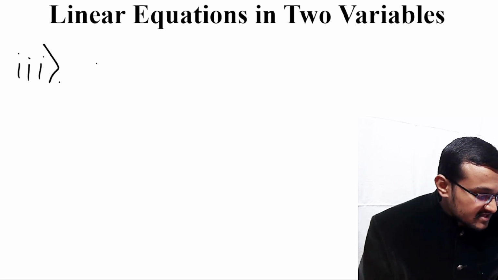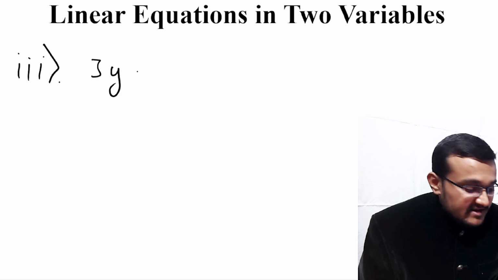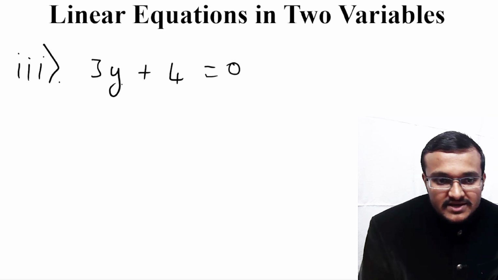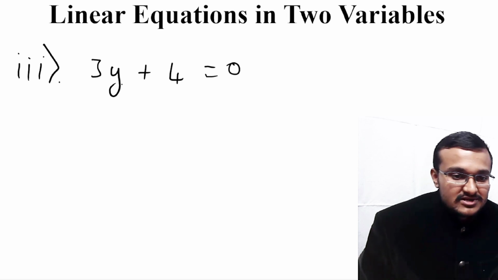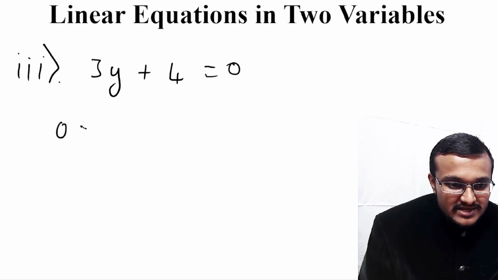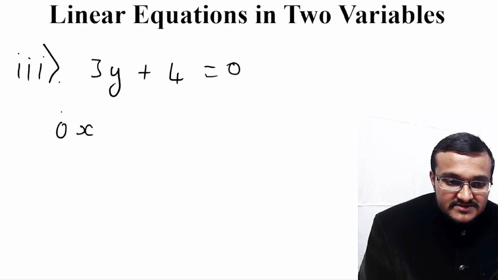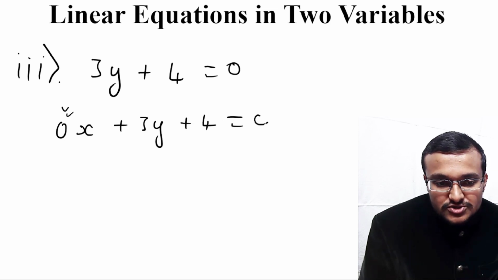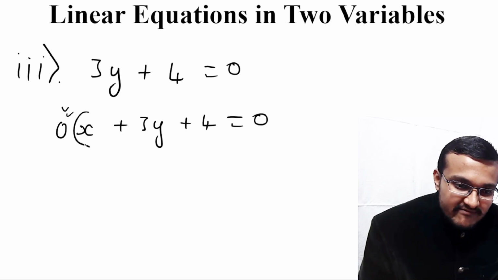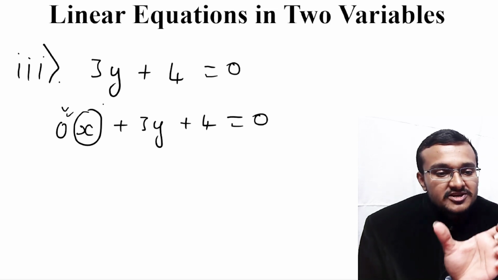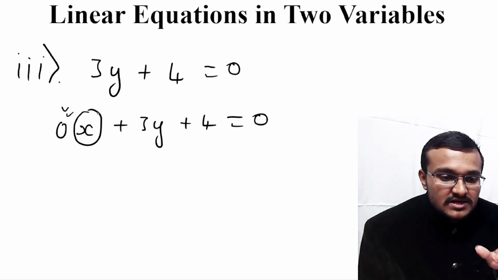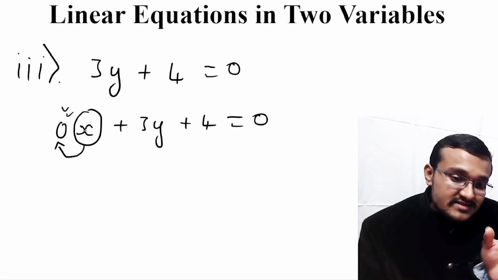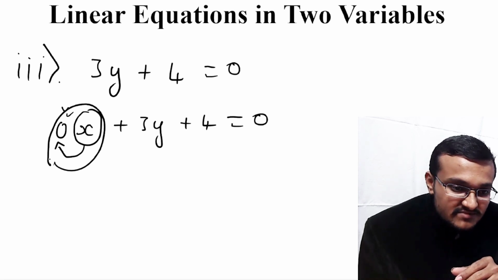Now coming to the third question, here you have 3y plus 4 is equal to 0. Here you don't have the other variable. So in order to get the other variable, you can just add x with 0 coefficient: 0x plus 3y plus 4 is equal to 0. Whatever value you substitute for x, this equation's value will not change, because the moment x is multiplied with 0, the entire term becomes 0.